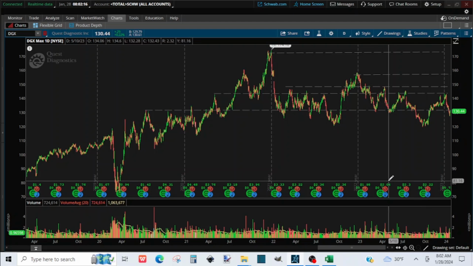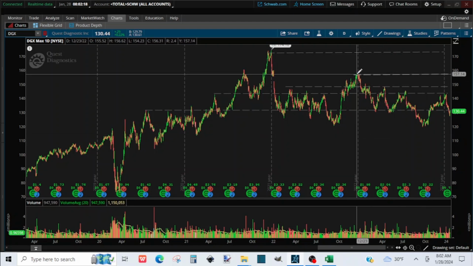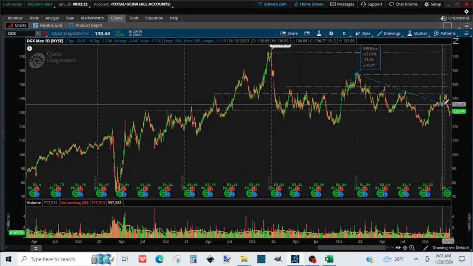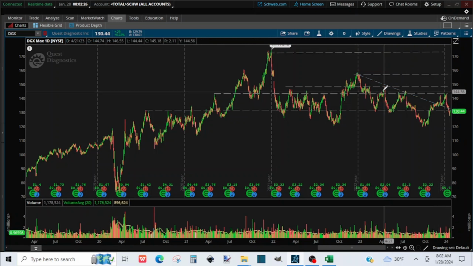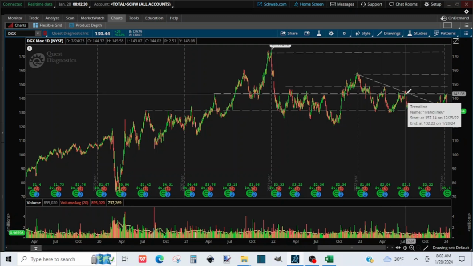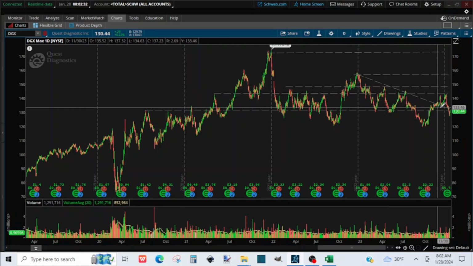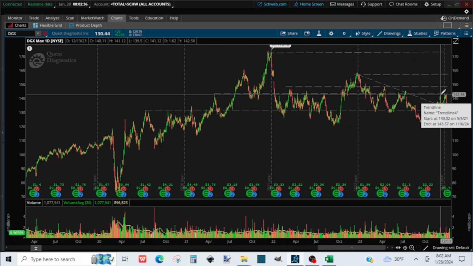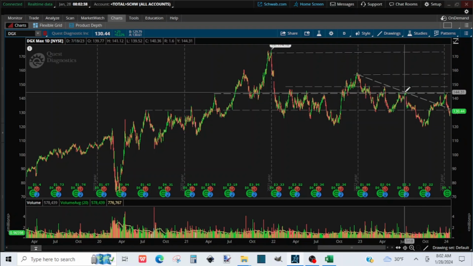Okay, so now we do have a downtrend to be broken because those are lower highs. This starts going up there. Let me see. Not even, it's still lower than this one.